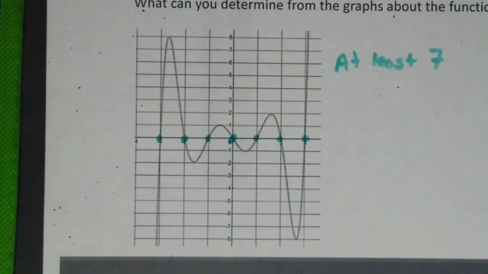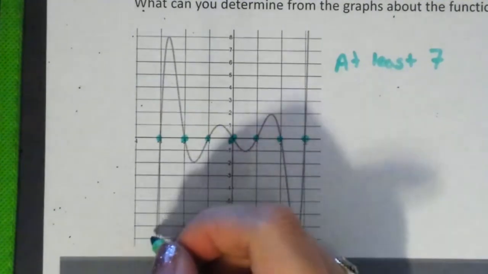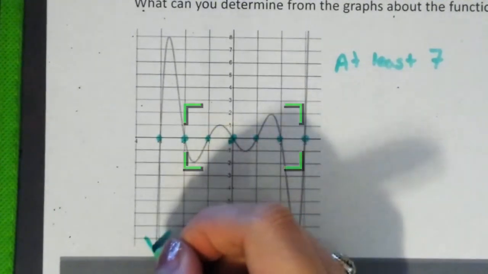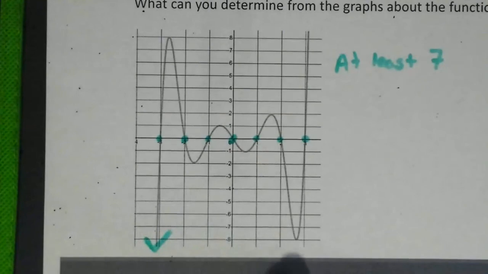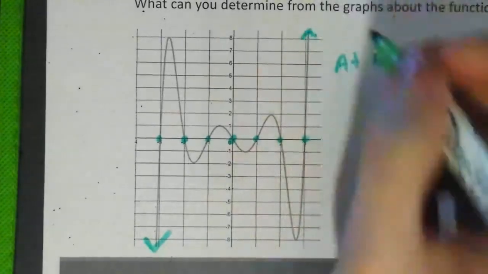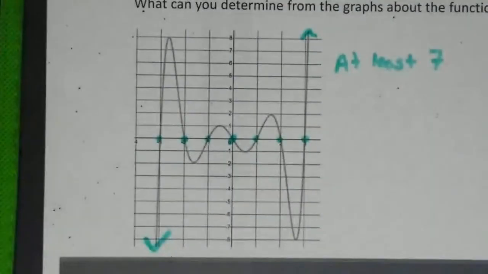There's something else we know about this graph based on its long-run behavior. Notice that as we go towards the left on our graph, as x goes towards negative infinity, our y values, our function values, go towards negative infinity. And as we go to the right, our function values go towards positive infinity.